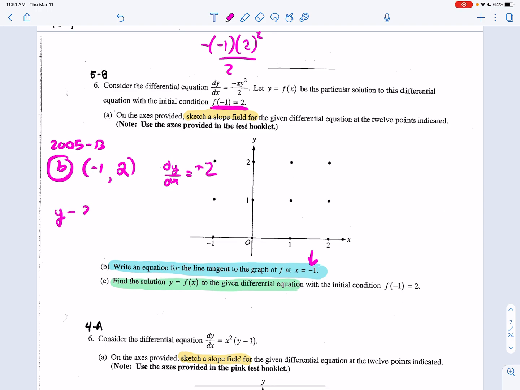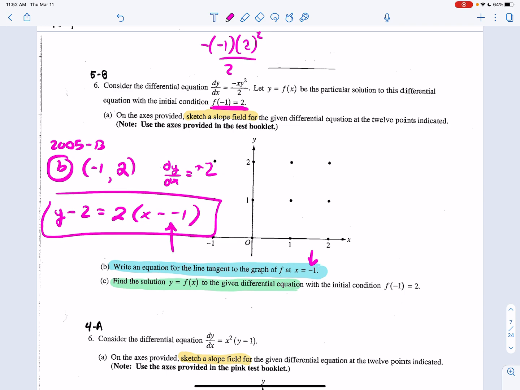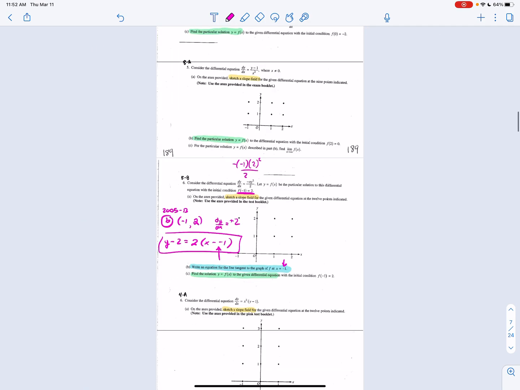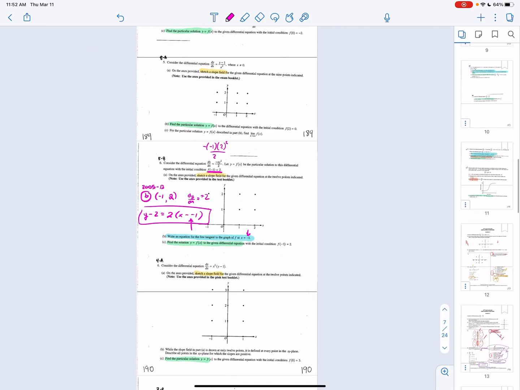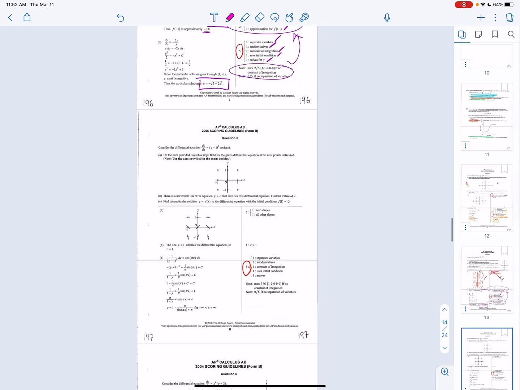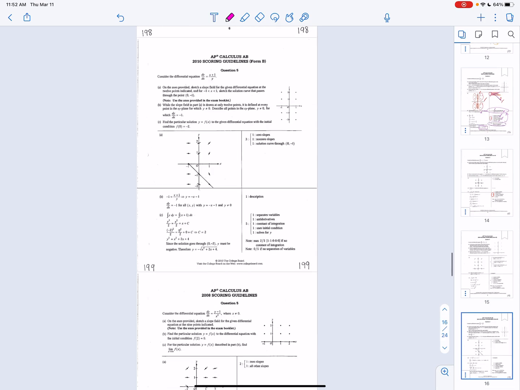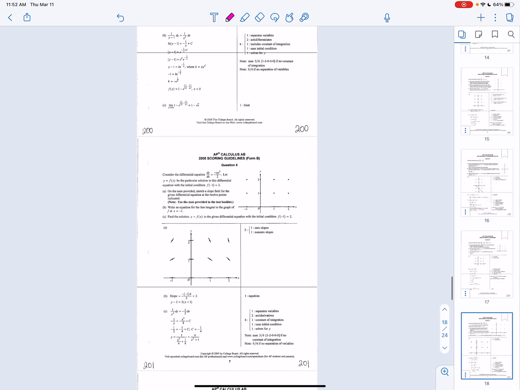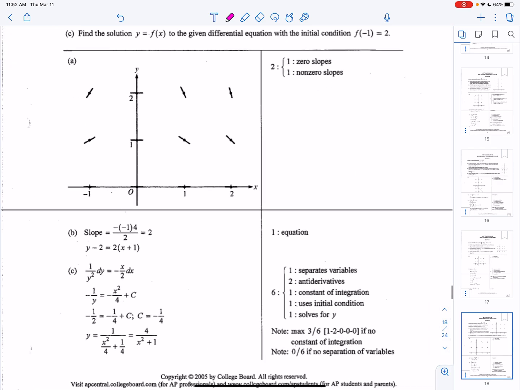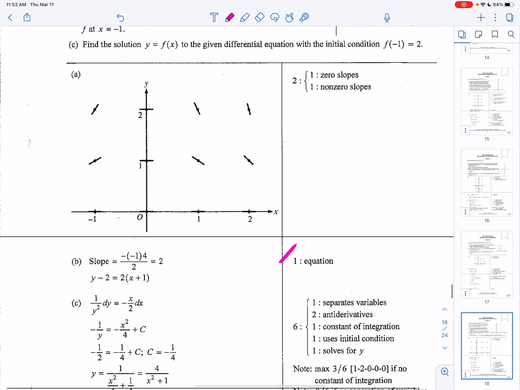So y minus the y coordinate is equal to the slope times x minus the x coordinate. Leave it as is. I wouldn't even simplify the negative and the negative. Okay, let's go to 2005 real quick before I end this video. 2005 Form B. So here you get a point, okay, which is still valuable.